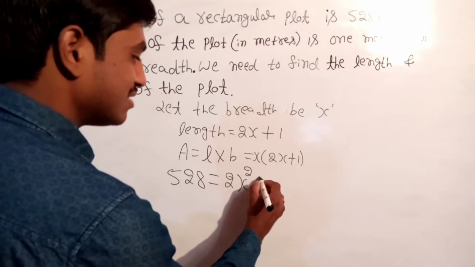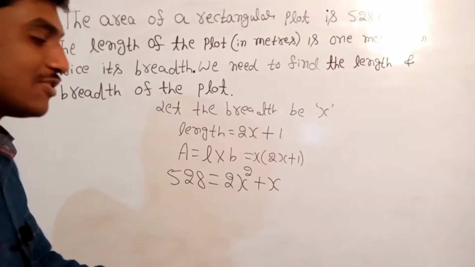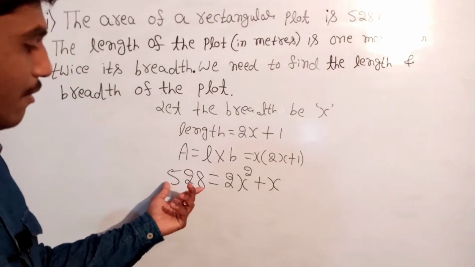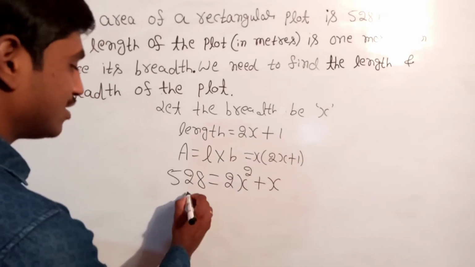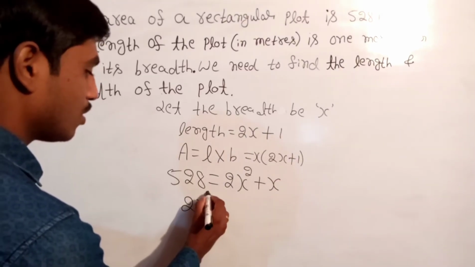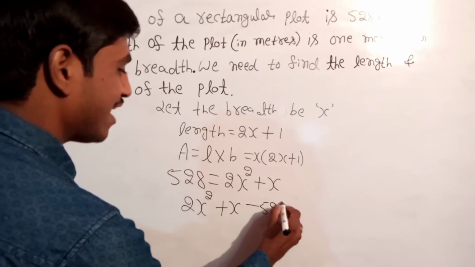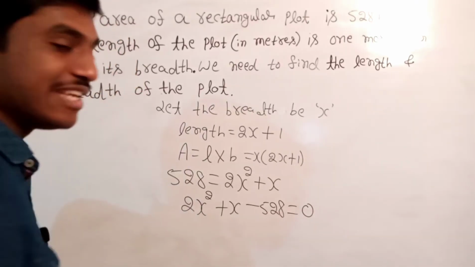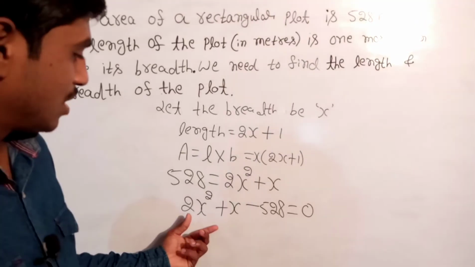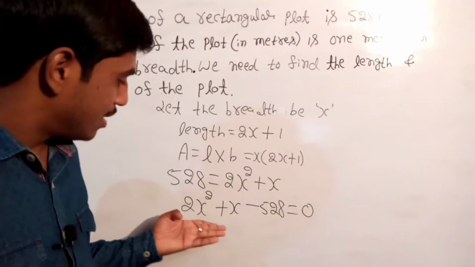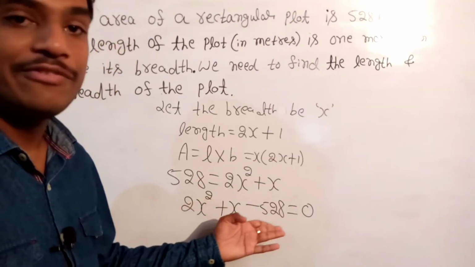X into 1 is x. So 2x square plus x. 528, if we shift to the RHS, we get 2x square plus x minus 528, which is equal to 0. And if you observe, this is of the form ax square plus bx plus c, which is equal to 0.